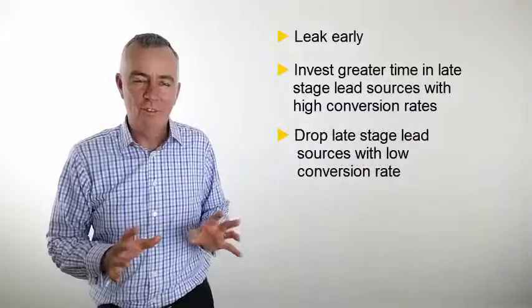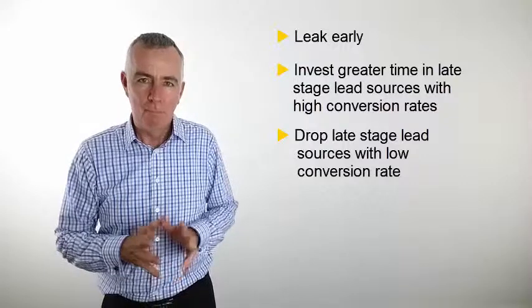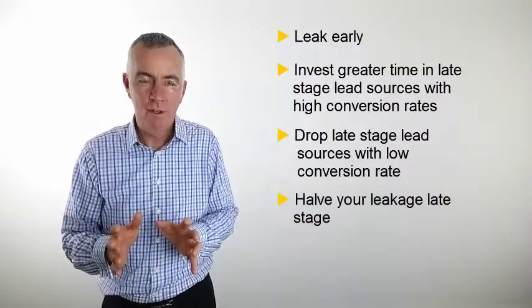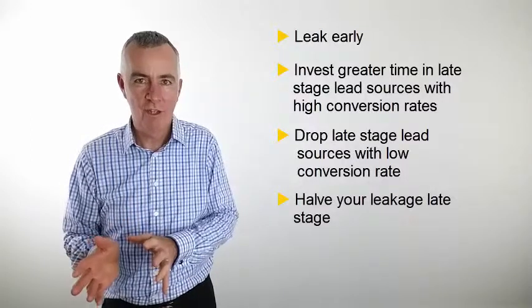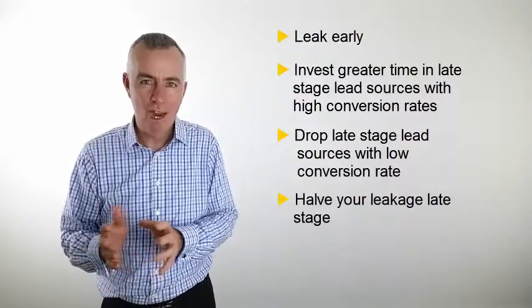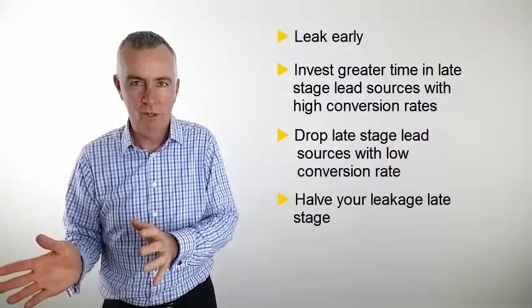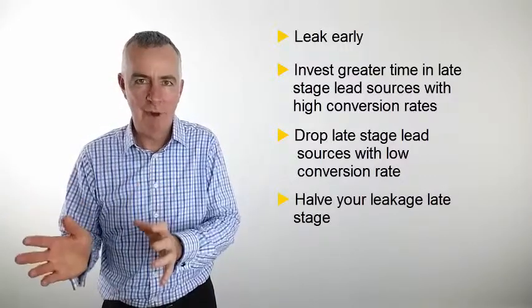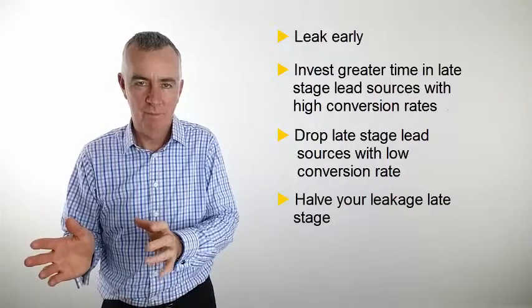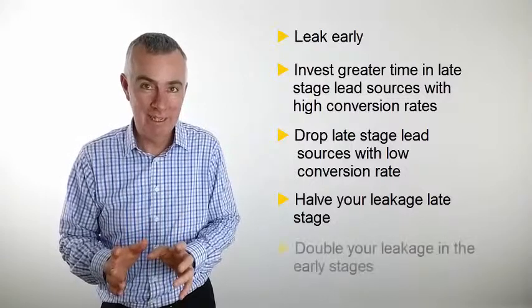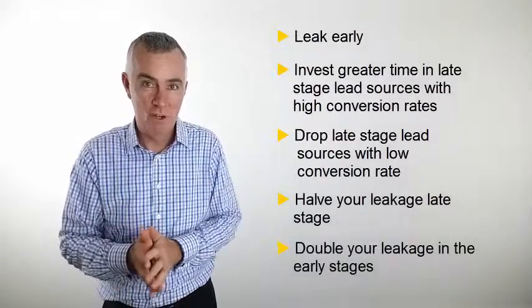It's a general planning assumption: plan for this year to halve your leakage late stage. Whatever percent you're currently leaking from opportunity to closed lead, plan on halving it this year. But correspondingly, plan on doubling your leakage from lead to opportunity.